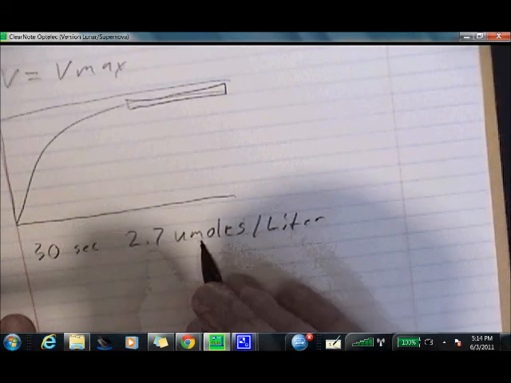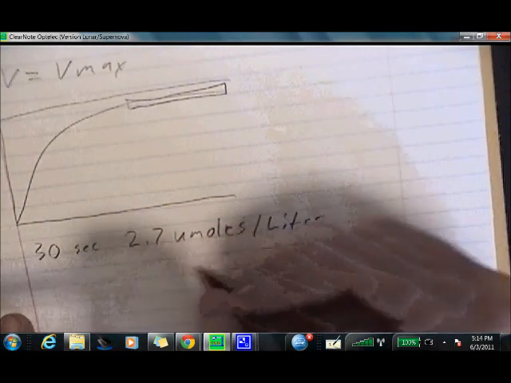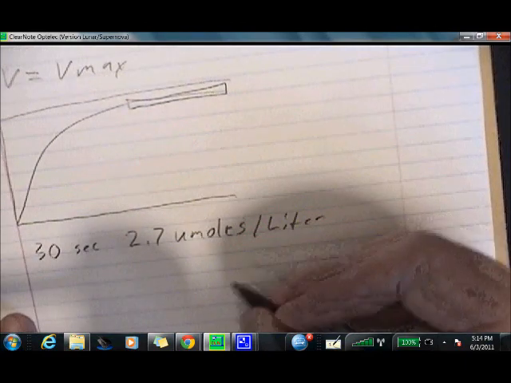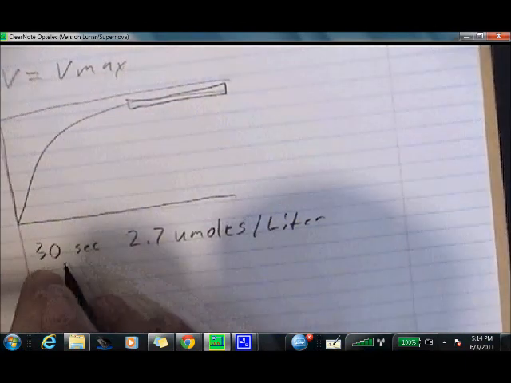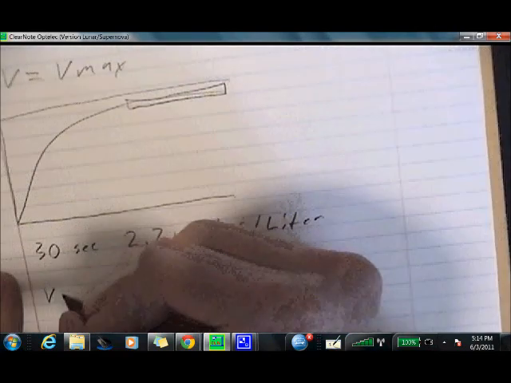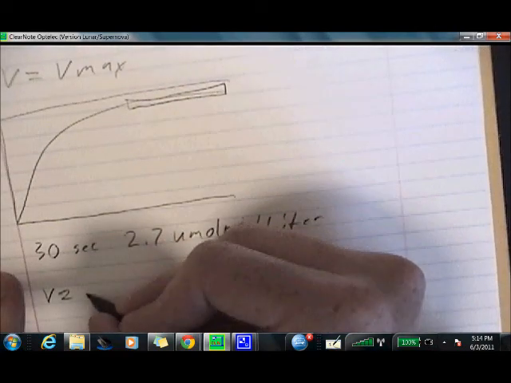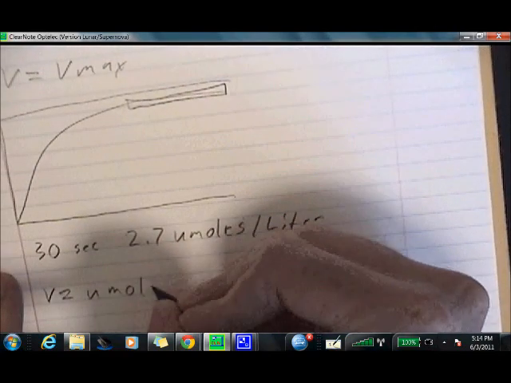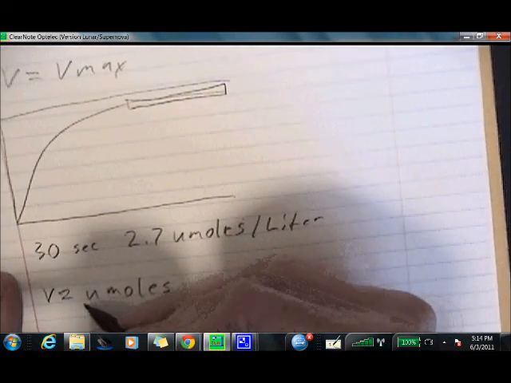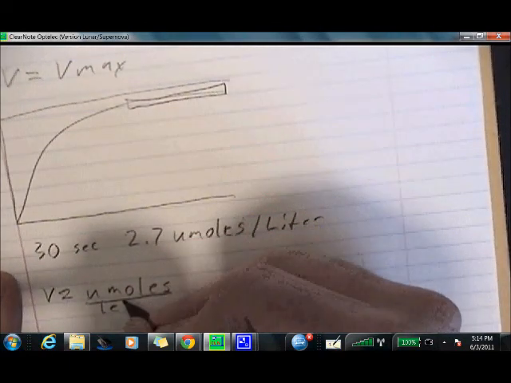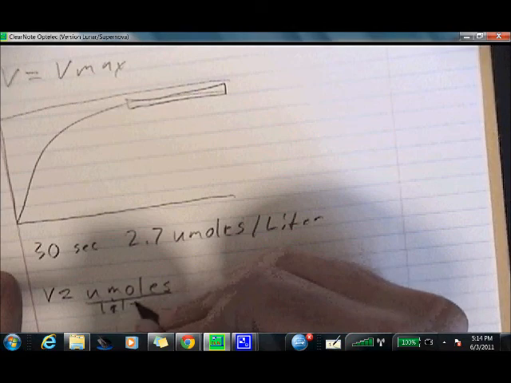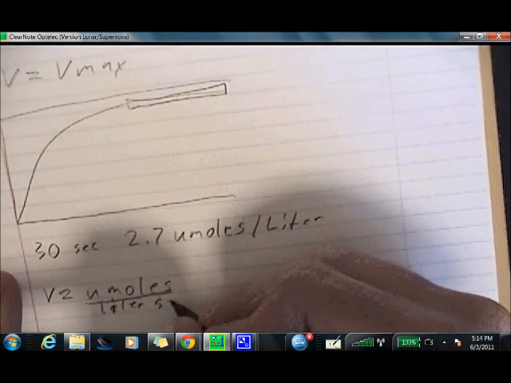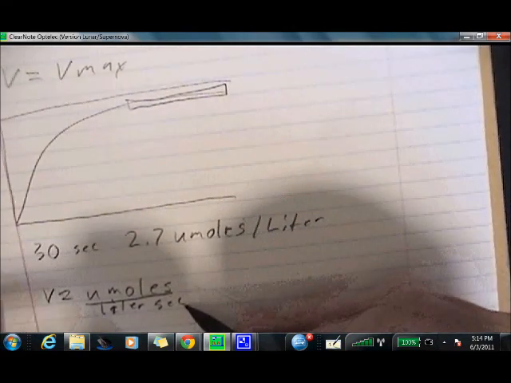So what that means is that in order to find out what our velocity is equal to, we need micromoles per liter per second, or per time.